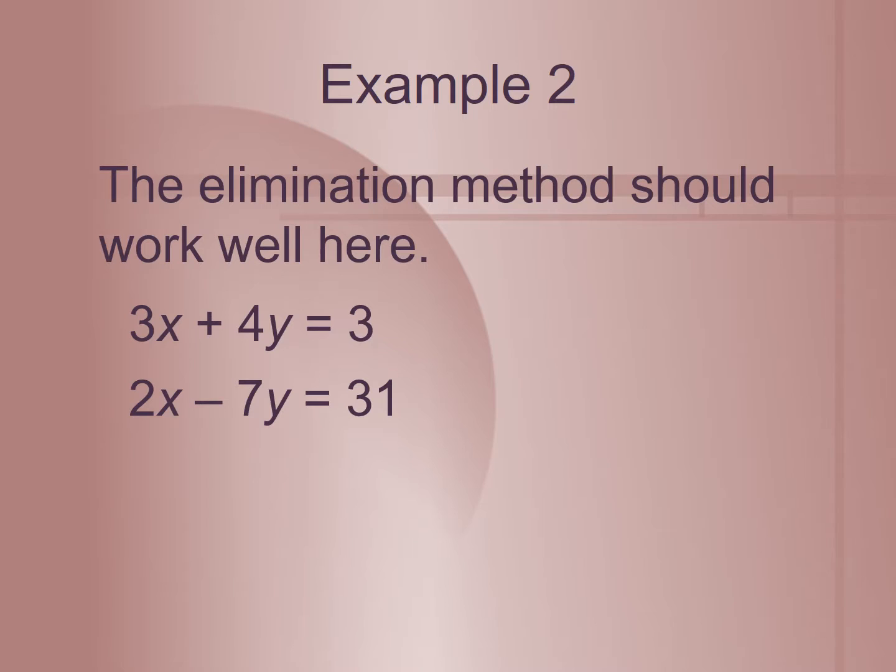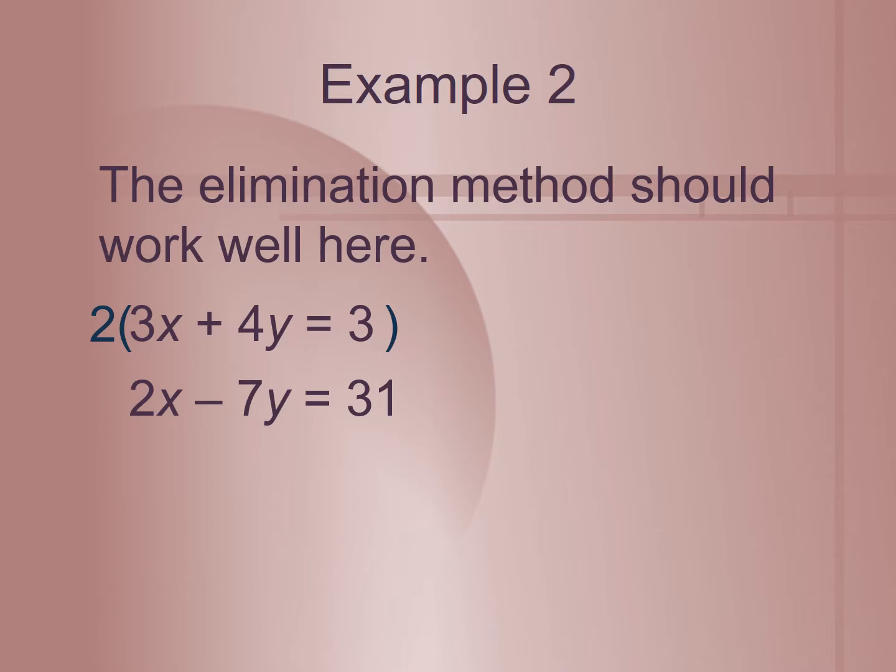For example 2, there's not a variable that's easily solved for, so we're going to use the elimination method. We have 3, 4, 2, and 7 as our coefficients. In order to use the elimination method, we have to pick a variable and make the coefficients of that variable the same or opposite.